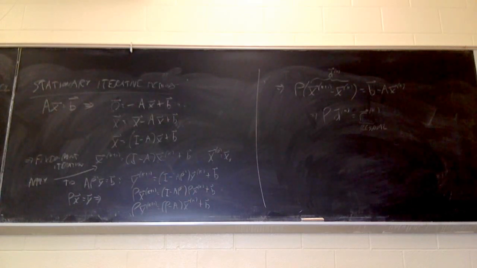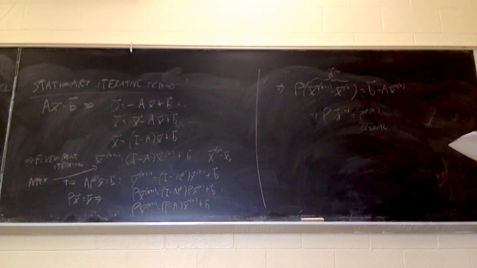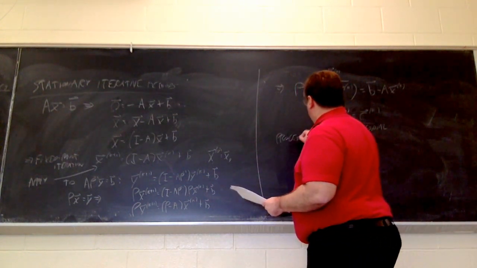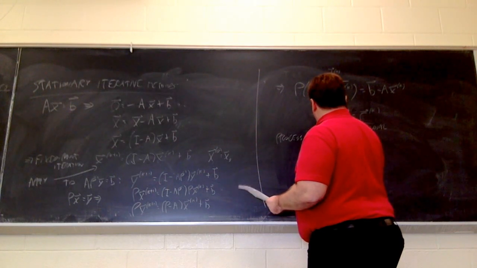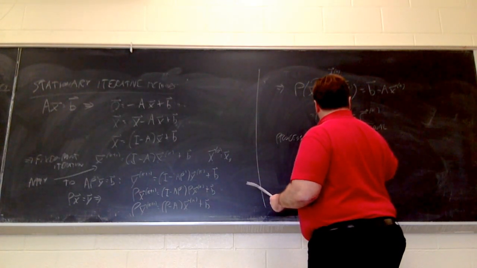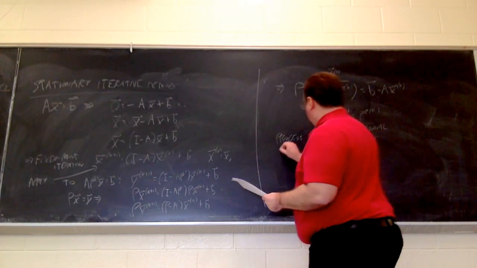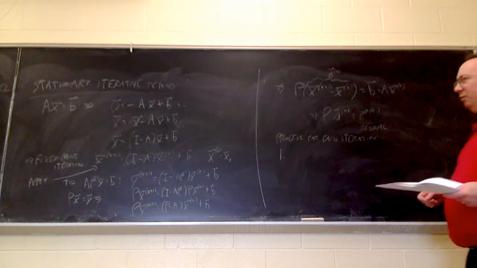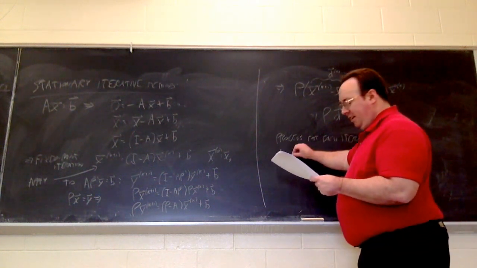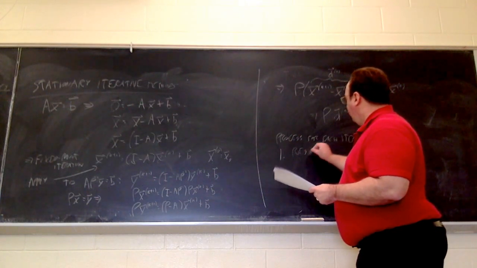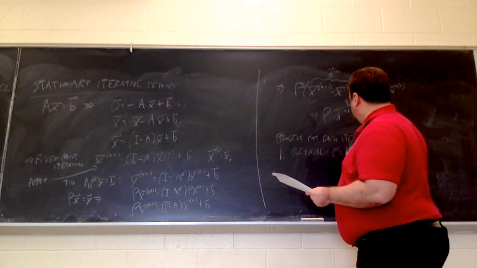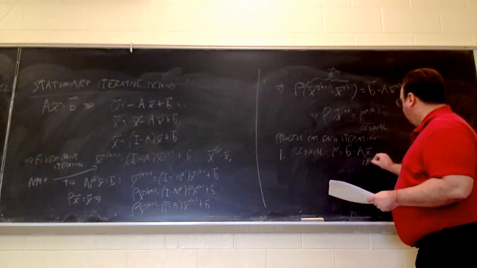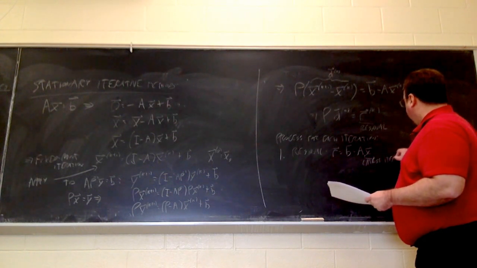All right. So here's what we could do as far as the process that we carry out for each iteration. First, we have an x to start with, like our initial guess, or whatever iterate we most recently have. So first we compute the residual. Set r equal to b minus Ax, where x is your latest iterate.